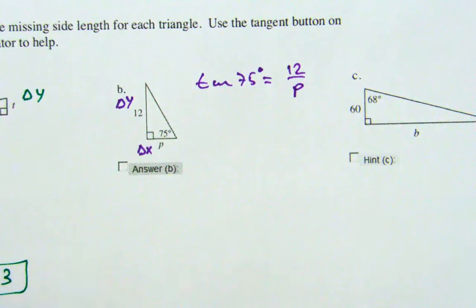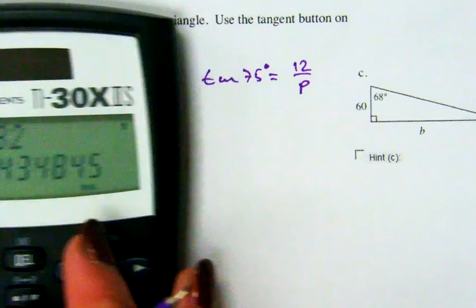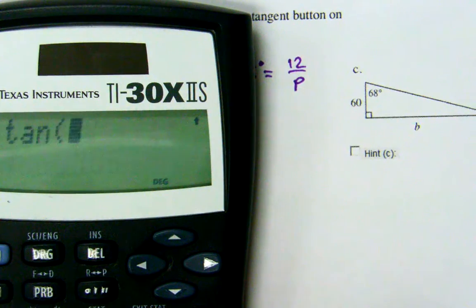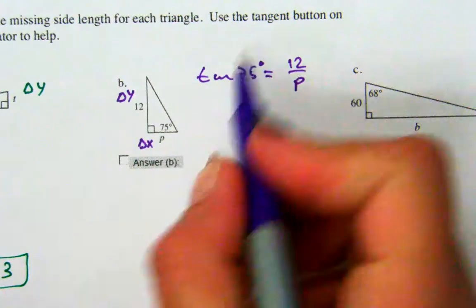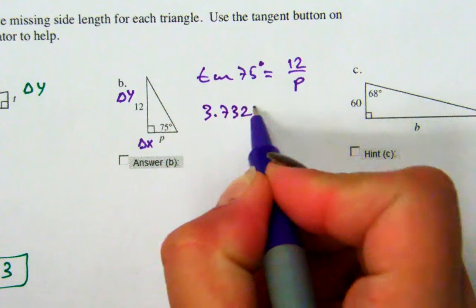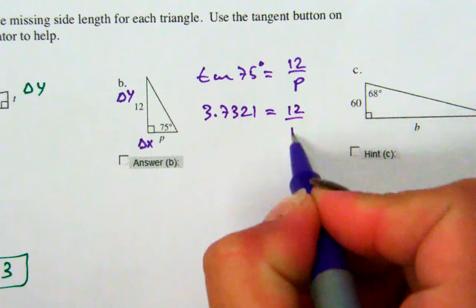Tangent of 75 degrees should be 3.7321. So 3.7321 equals 12 over p.